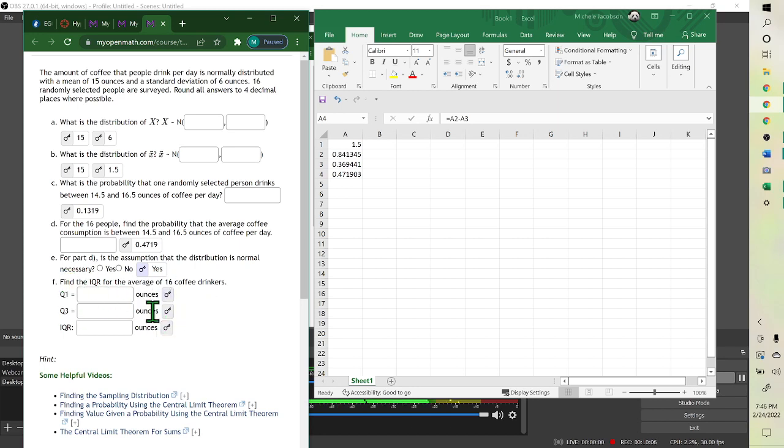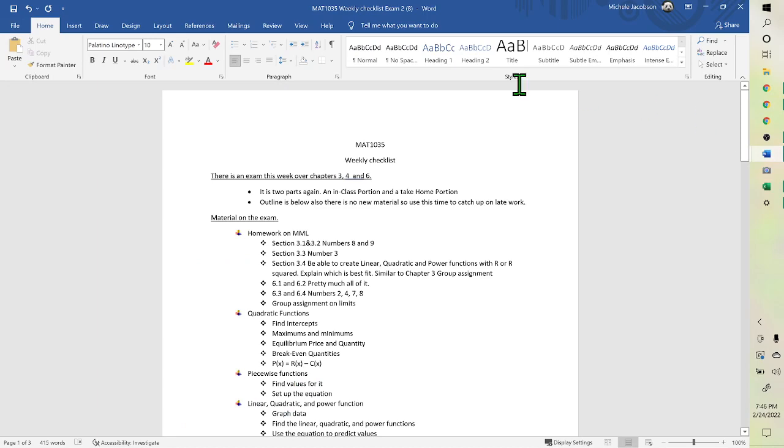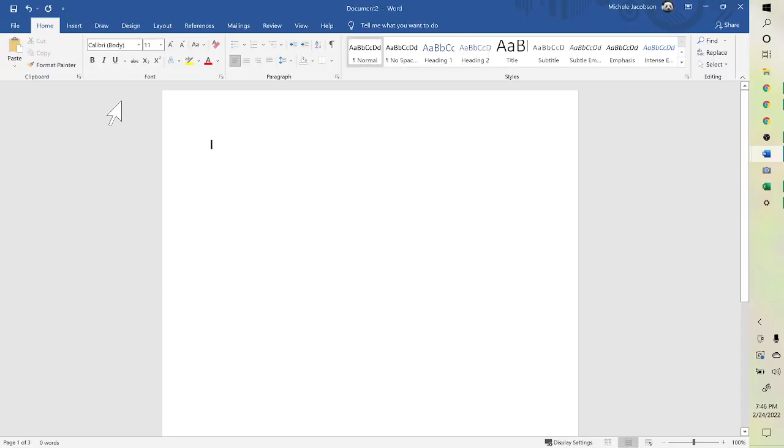When we're finding the quartiles, you have data, and it's called a 5-number summary. You have your smallest number.